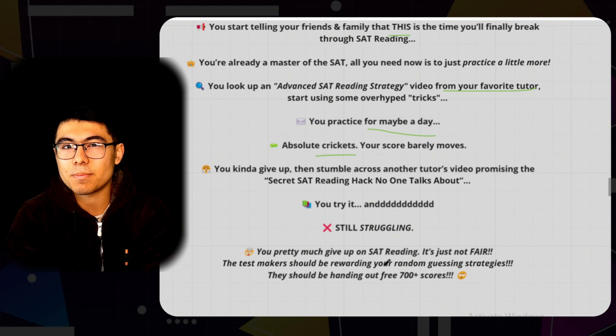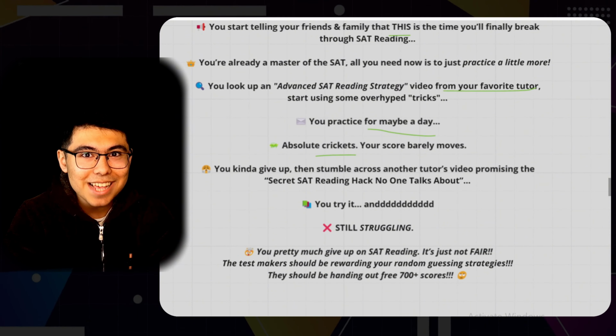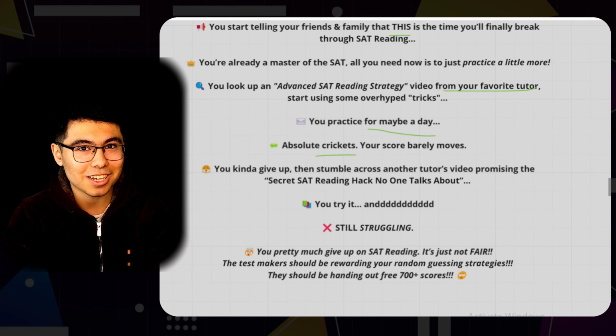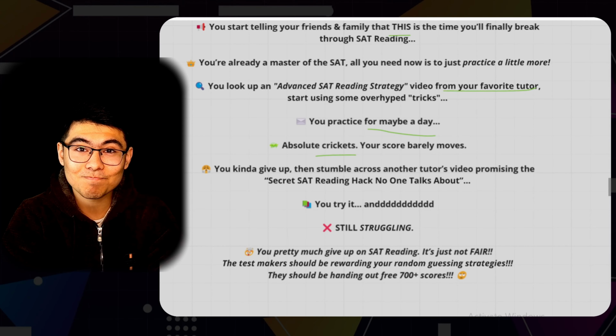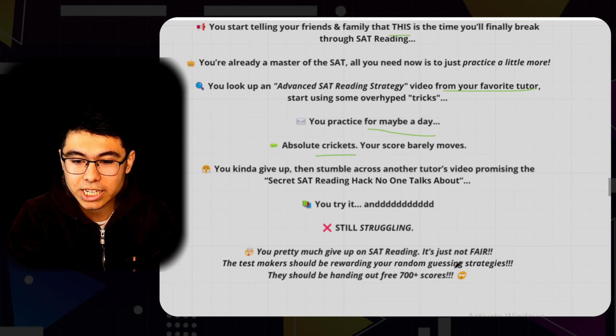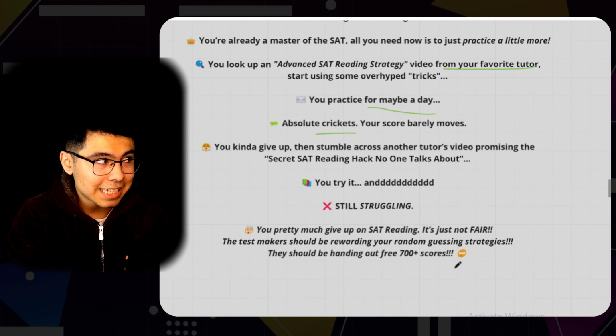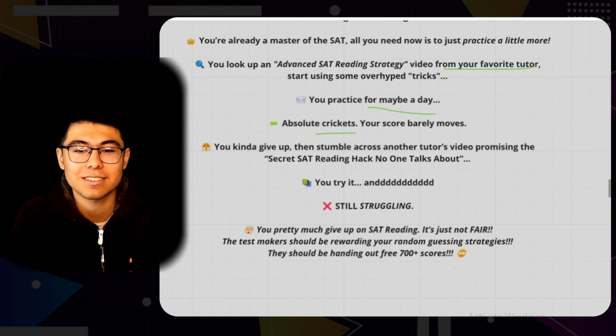You kinda give up, and then you stumble across another tutor's video promising a secret SAT reading hack no one talks about. You try, and you're still struggling. You pretty much give up on SAT reading. It's just not fair. The test takers should be rewarding your random guessing strategies.